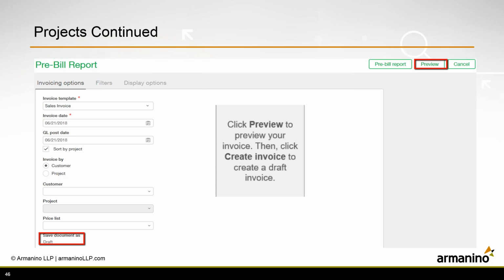You can see on the bottom of the screen there is a save document as draft option, and the individual would then preview the invoice, make the changes that need to happen on that particular invoice, and then click create invoice, and it creates it as the draft. It sits out there. You can have a lister page that someone can then go in and look at all the invoices that are in the draft state and go through and finalize them and post them.